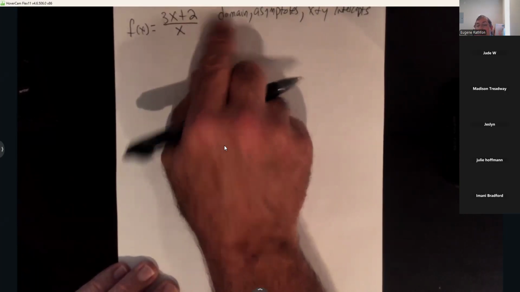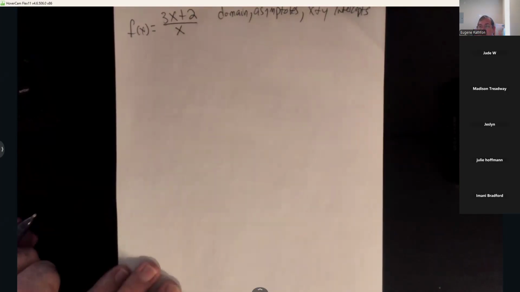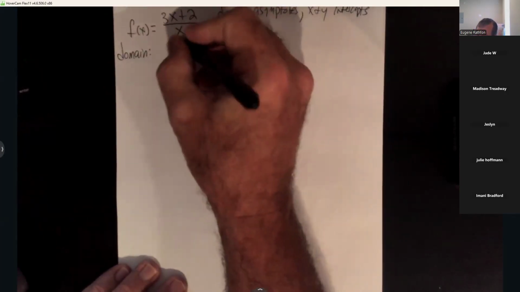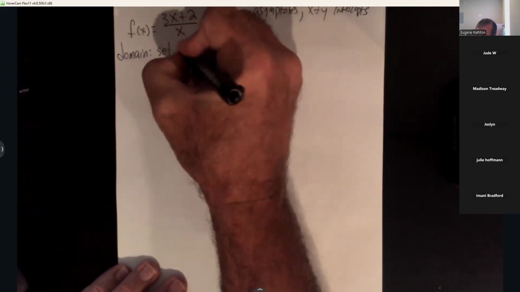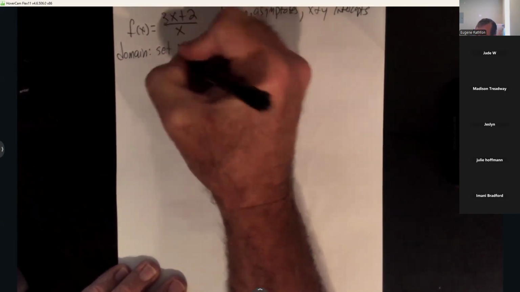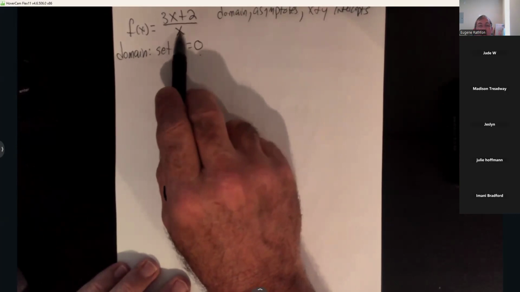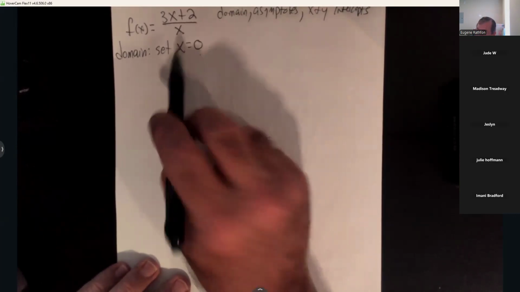Now, they want me to put the domain in interval notation. So, y'all, to find the domain, I set that bottom equal to 0. Well, we cannot do nothing to that. So the only number that x cannot be is a 0.